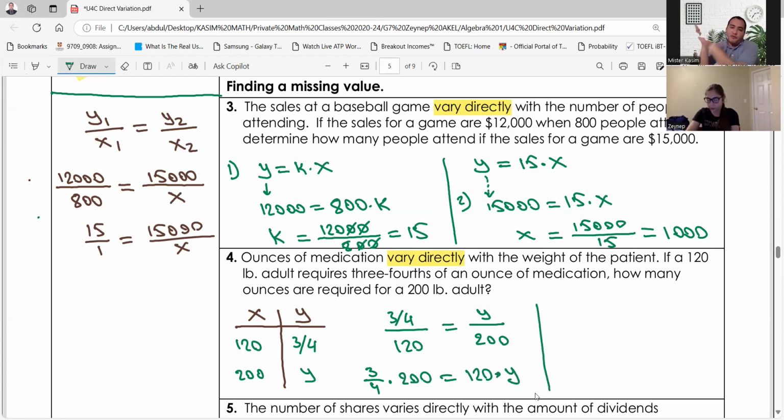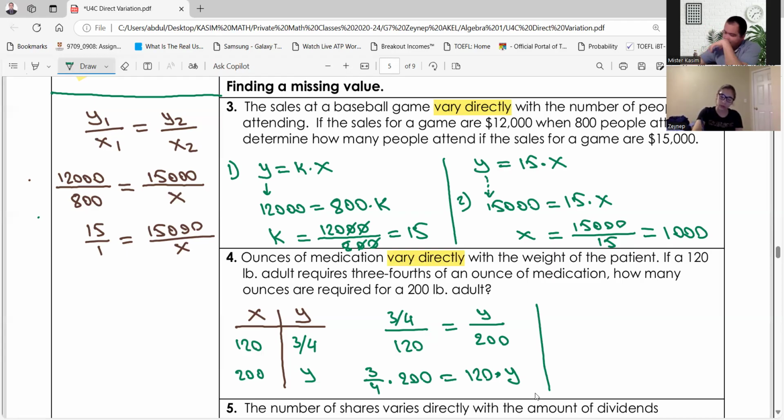Zeynep, what is 3/4 of 200? How come you don't know? We did this question a lot. Rational numbers. Multiply 3/4 times 200. What did we study last month? Rational numbers.